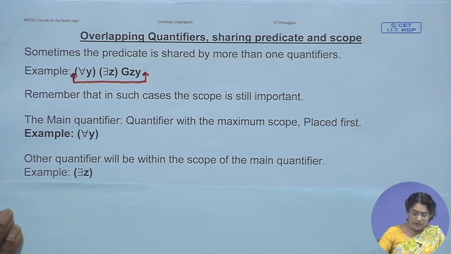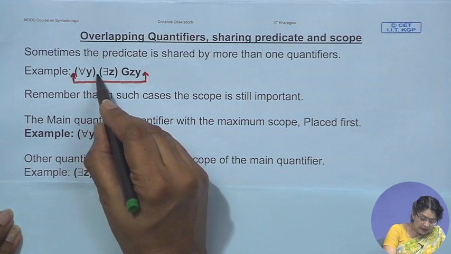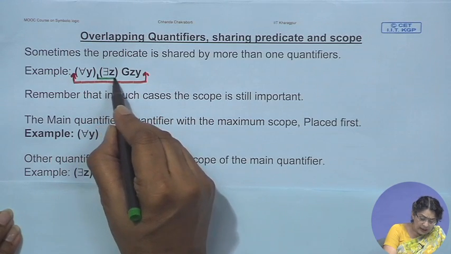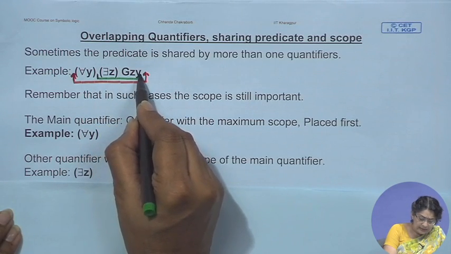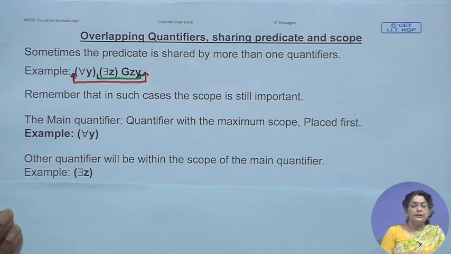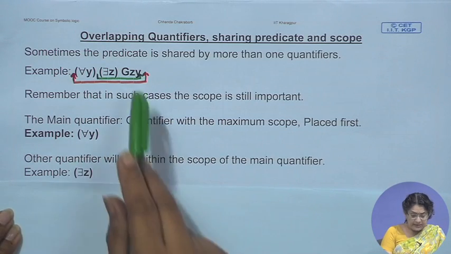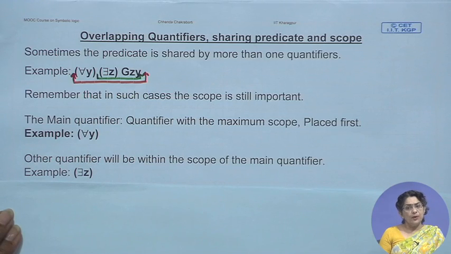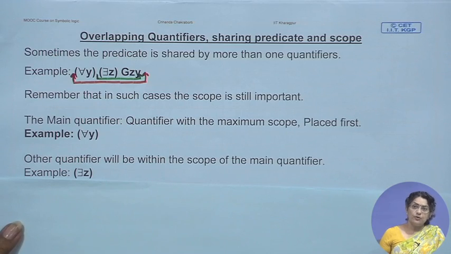Now, what is the scope of this? There exists at least one z. Take a look. It starts from here and it ends here. Now, see, the same predicate is within the scope of two quantifiers. Get me? This is the kind of situation that you are going to see more and more.